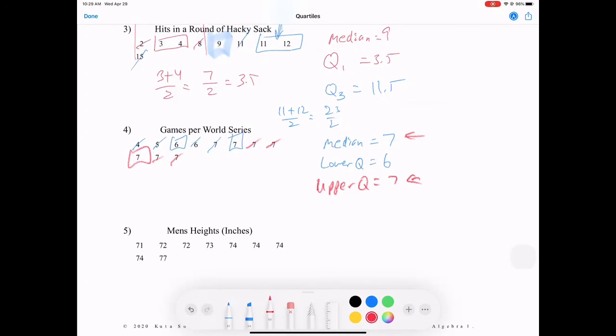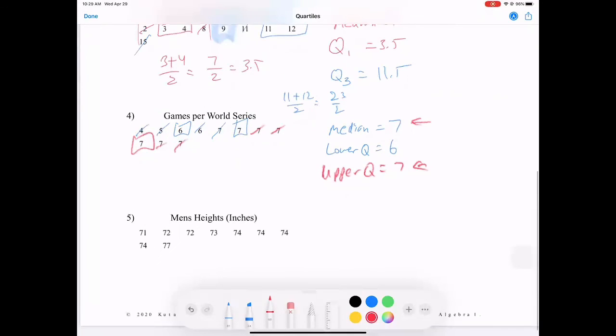Okay, and then the last example here: we see 74 happens a lot, so maybe that number will show up a little more often. We see our median is 74. From here, let me just box that.